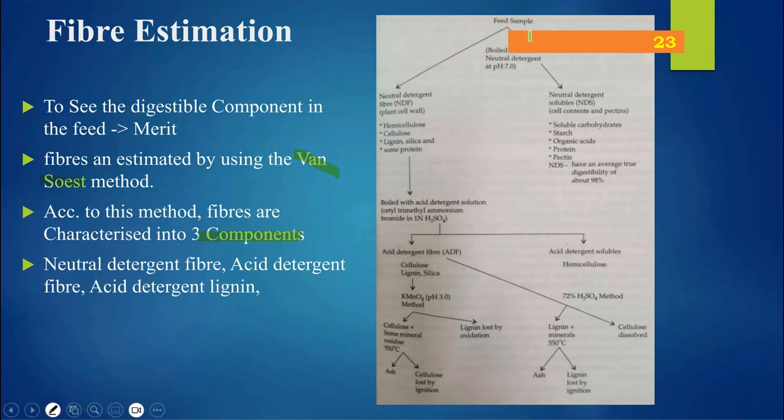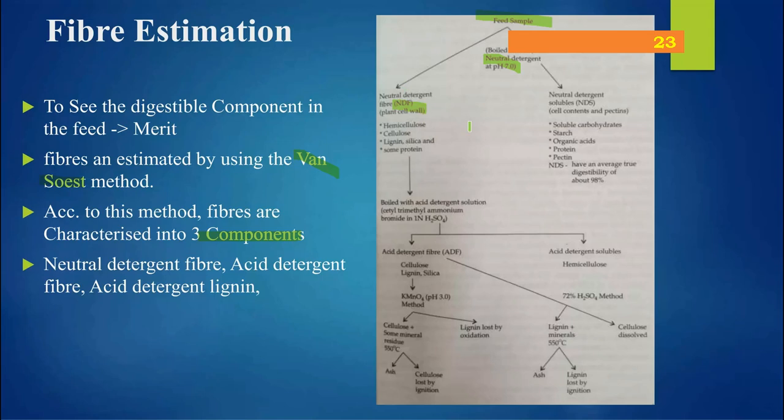Whenever a feed sample is submitted to the laboratory, it is boiled in the neutral detergent at a neutral pH of 7. Then, after the feed is obtained, it is subjected to different tests, and we get the neutral detergent fiber or NDF.